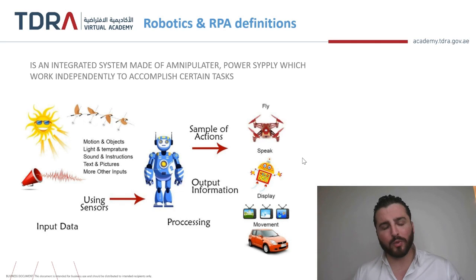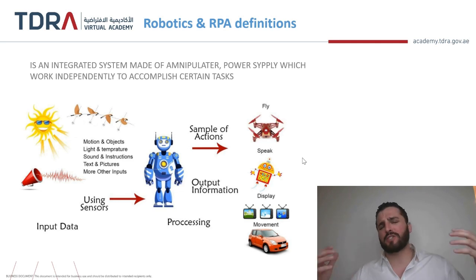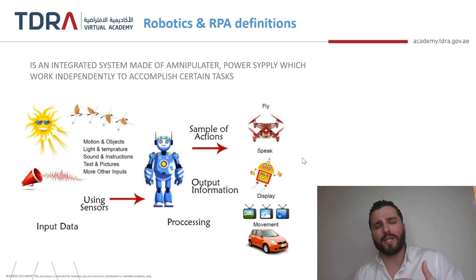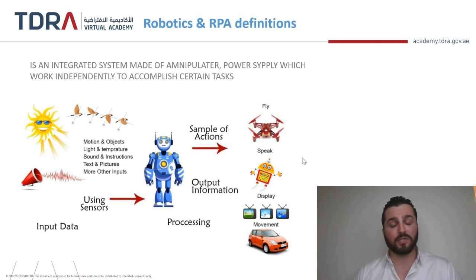So we need to use sensors in order to recognize objects, lights, temperature, sounds, whatever is around us, to allow this robot to take a required action. So it's more than a reactive solution that will help us to interact with our environment.